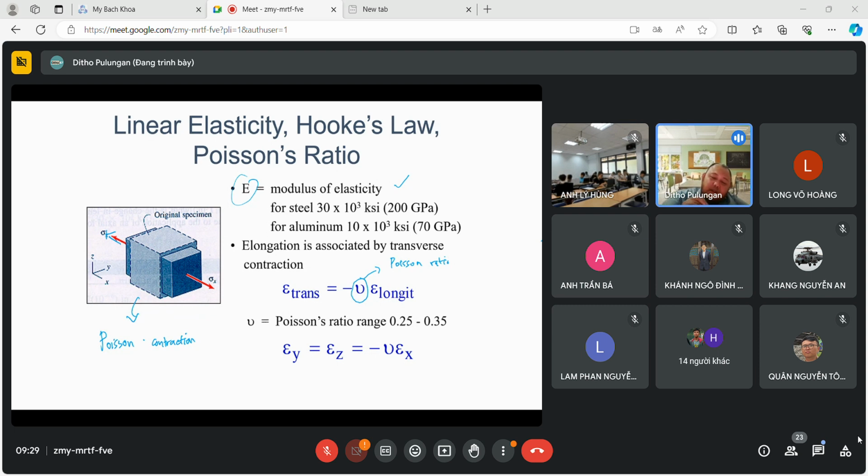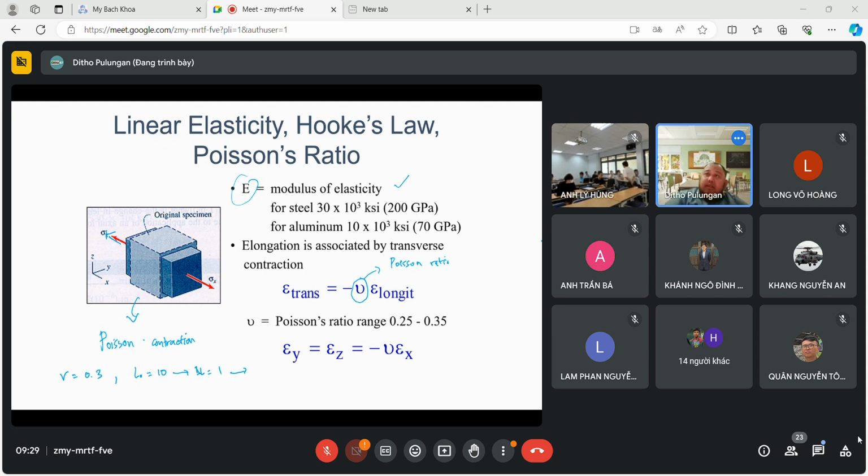The Poisson ratio relates the strain in the transverse direction with the strain in the longitudinal direction. Imagine I tell you that nu is 0.3, the original length is 10, and delta L is 1.